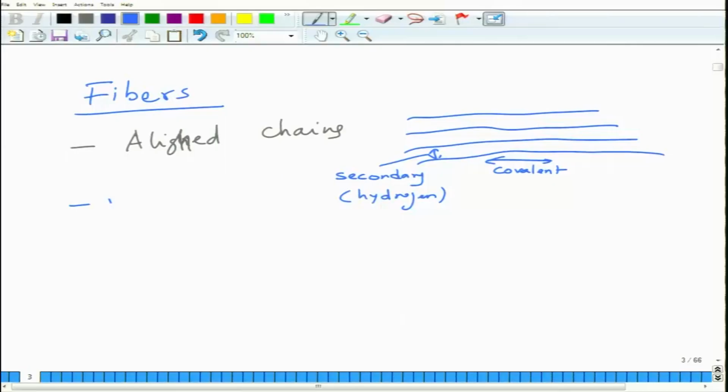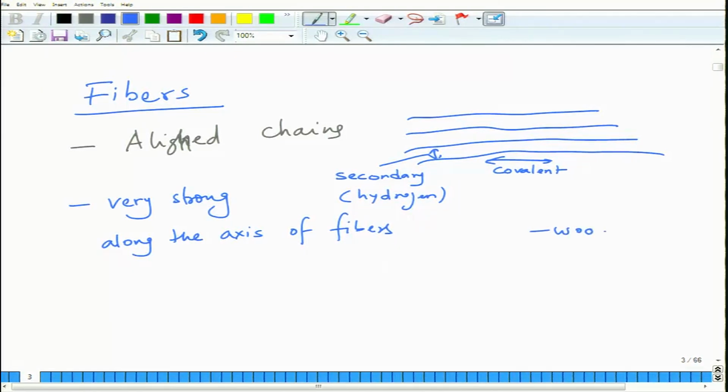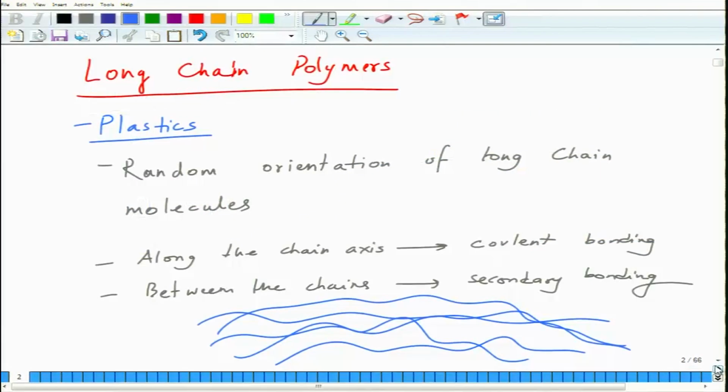So fibers are very strong along their axis. Wood, for example, has a fibrous structure. In the plastics case, an example would be polyethylene.